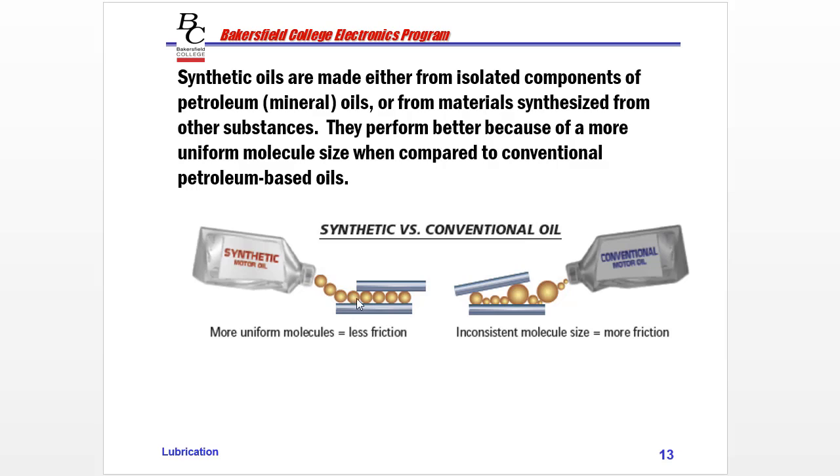We don't dump big balls of oil out of an oil container. But when we enlarge this, we see the molecules, and they're a more uniform size with synthetic oil. More uniform, less friction. We're going to have more friction and different sizes of molecules.